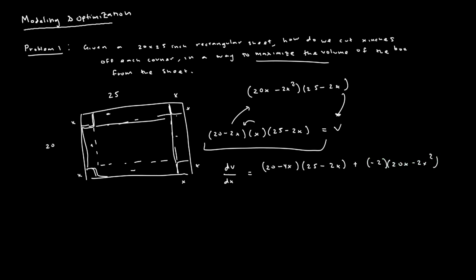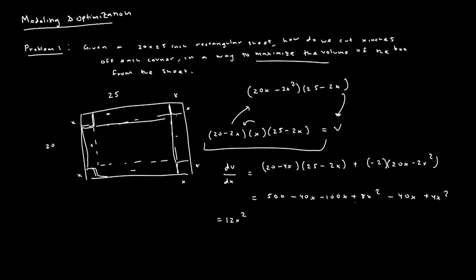Simplifying, 20 times 25 is 500, minus 40x, minus 100x, plus 8x squared. Then simplifying the other side, I get minus 40x plus 4x squared.